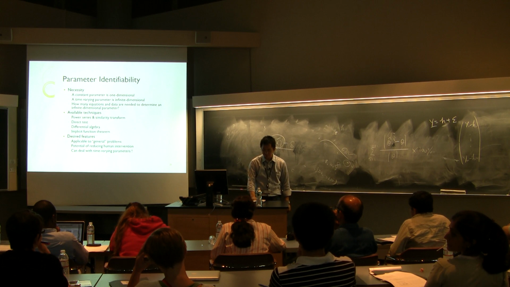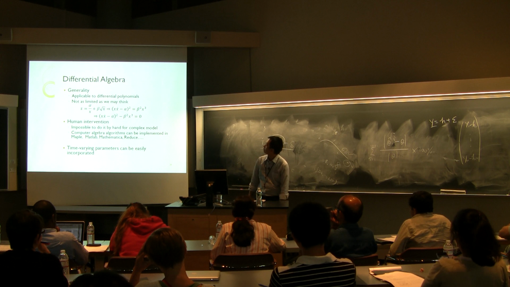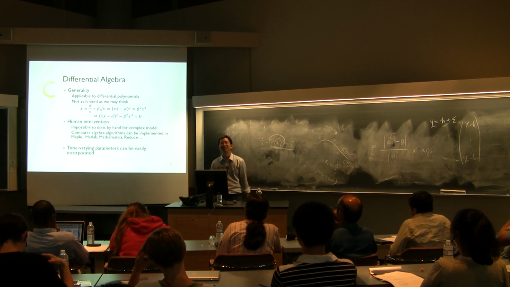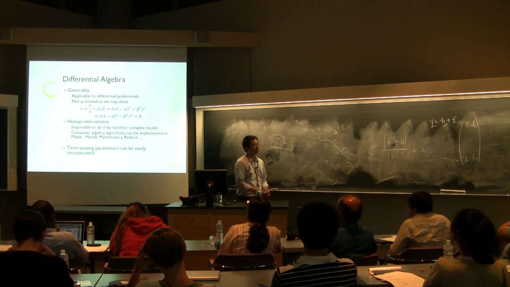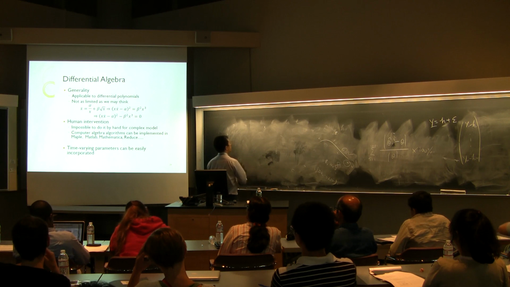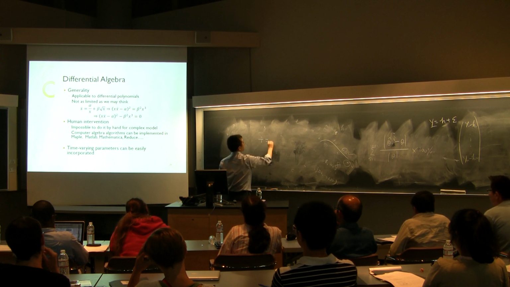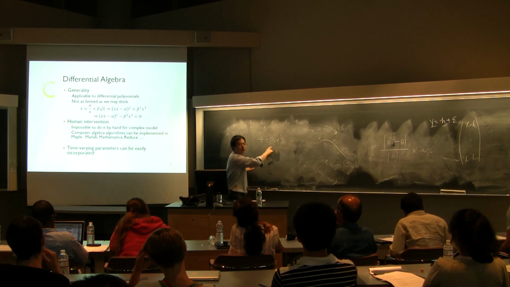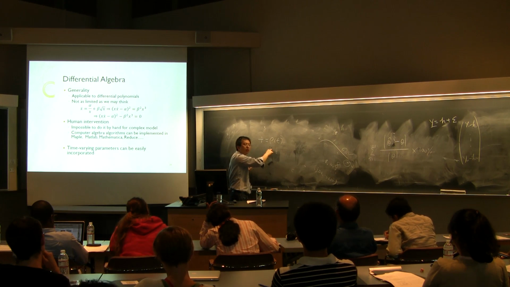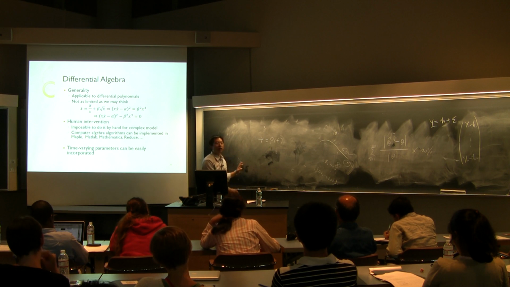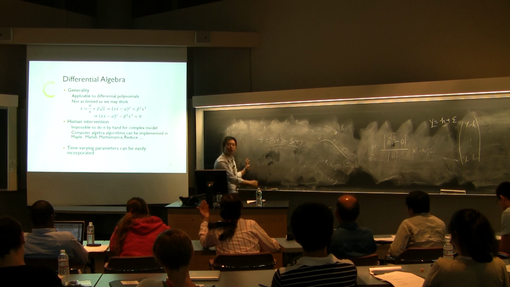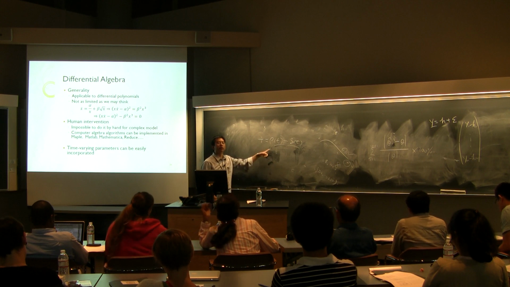And unfortunately, it's more difficult to do than the identifiability analysis we just mentioned before. But there's one simple principle you can consider. You can have at most one time-varying parameter in one equation, like I just mentioned. You cannot have two or more time-varying parameters in one equation.